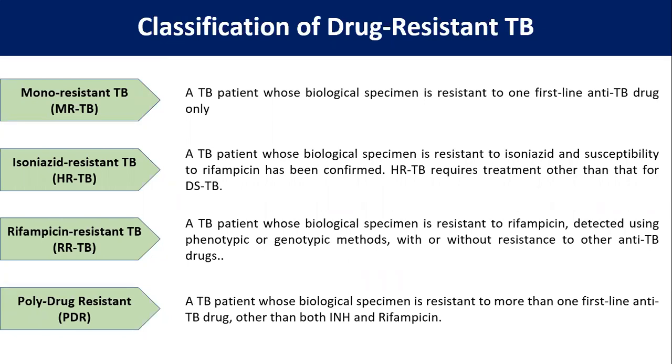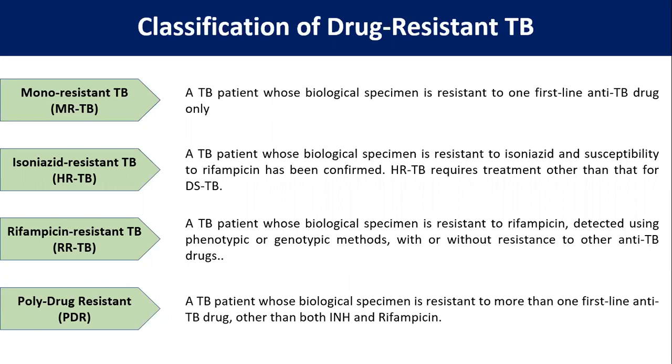Now, the drug-resistant TB can be monoresistant, and monoresistant can be either HRTB or RRTB based on whether it is isoniazid resistant or rifampicin resistant, and it can be polydrug resistant TB. So a monoresistant TB is a tuberculosis whose biological specimen is resistant to one first-line anti-TB drug.